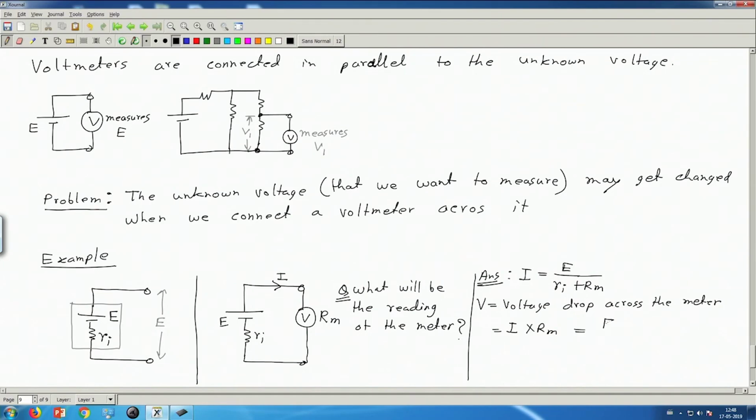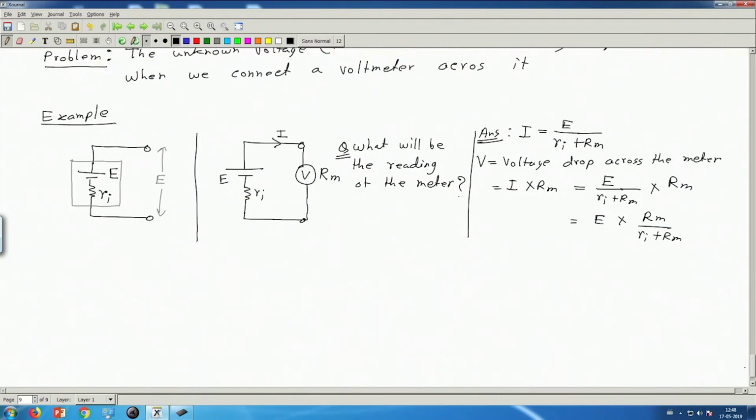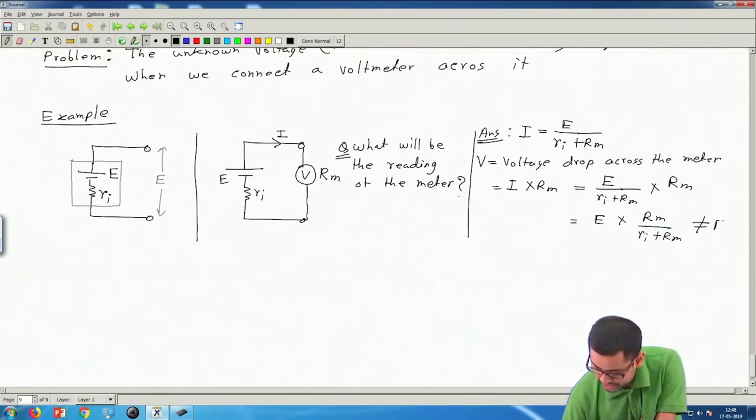In place of I we write E by Ri plus Rm, multiplied by Rm. You can also write it as E multiplied by Rm by Ri plus Rm, and this is not equal to E.